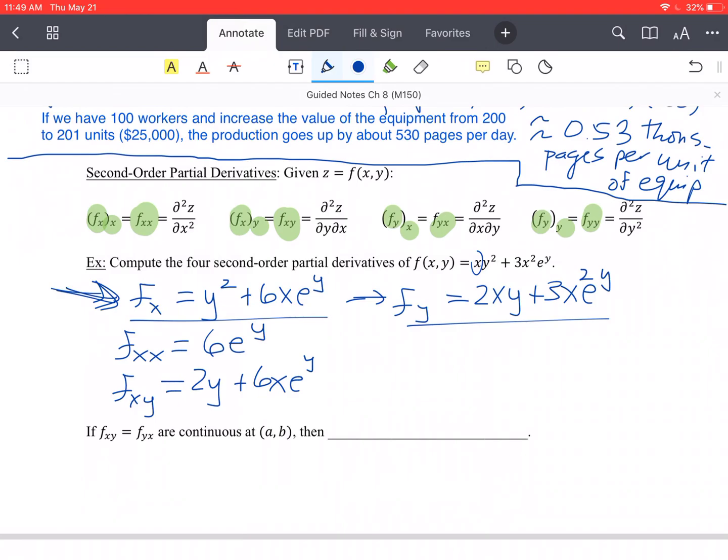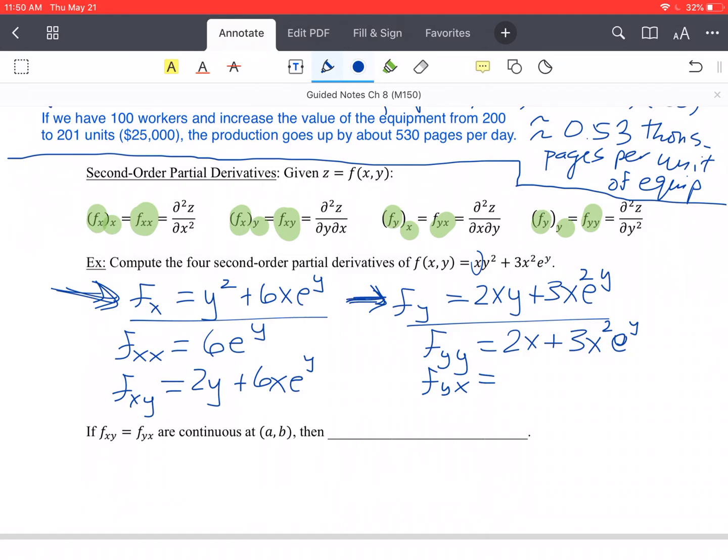And then for our second order partials on this side, we have fyy, so we take the partial with respect to y, and then take its derivative again with respect to y. So y is the variable here, so that's just going to be 2x times 1, plus the derivative of e to the y is just e to the y, so that's just going to stay exactly as it is. Okay, and then the last one here, fyx.